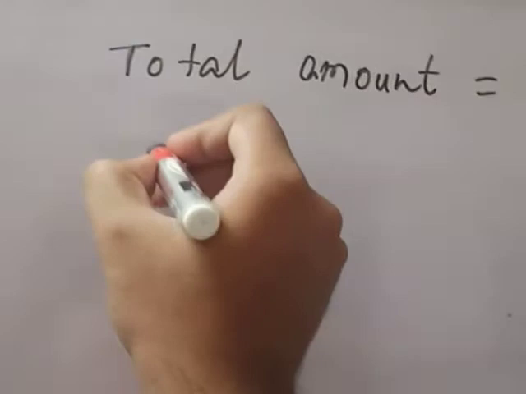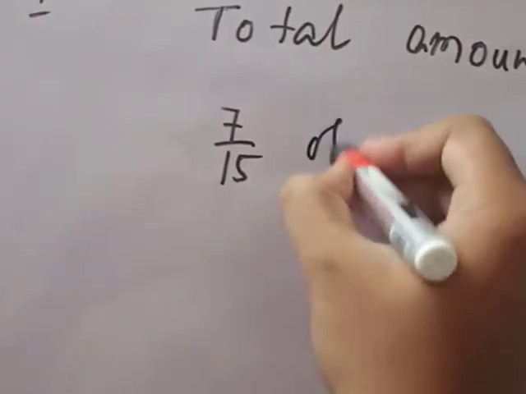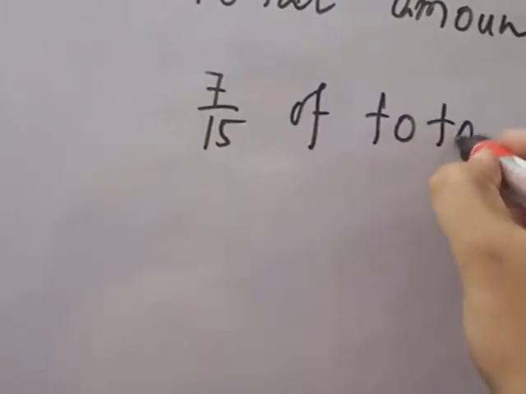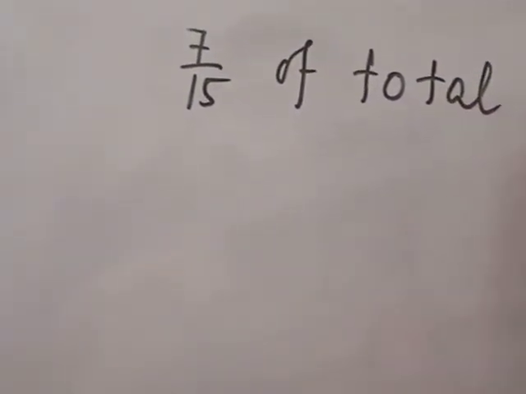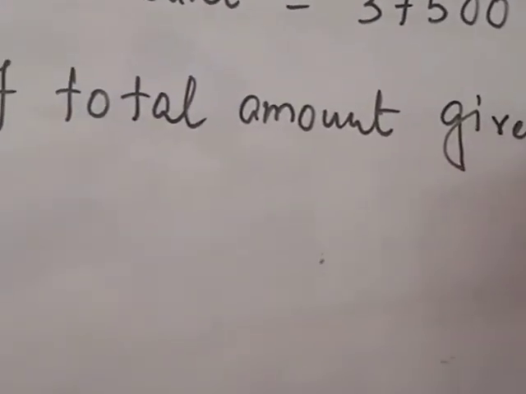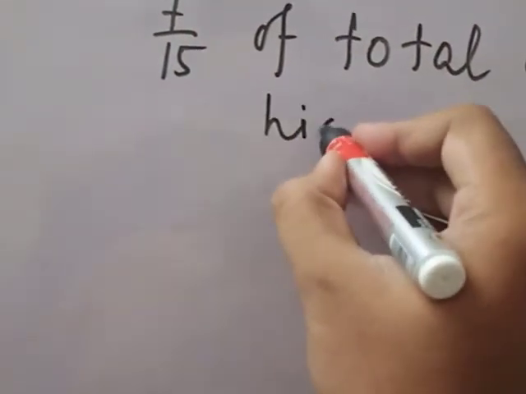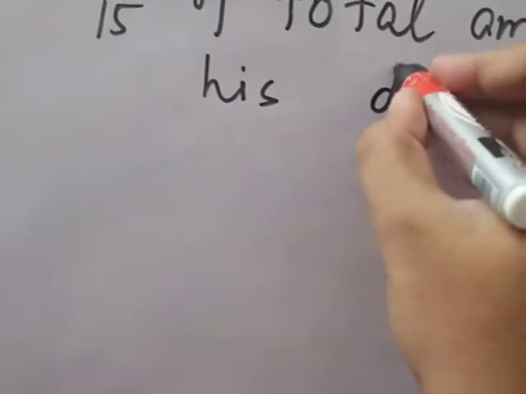Now he gives 7/15 of it to his daughter and the rest to his son. So 7/15 of the total amount is given to his daughter.